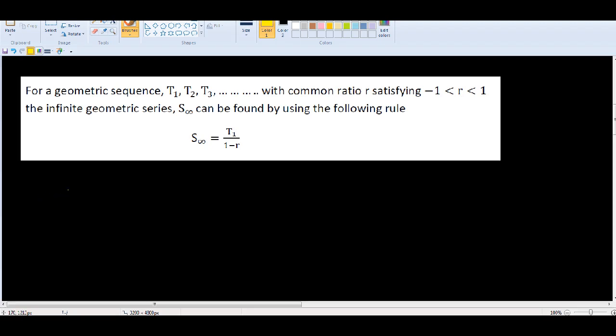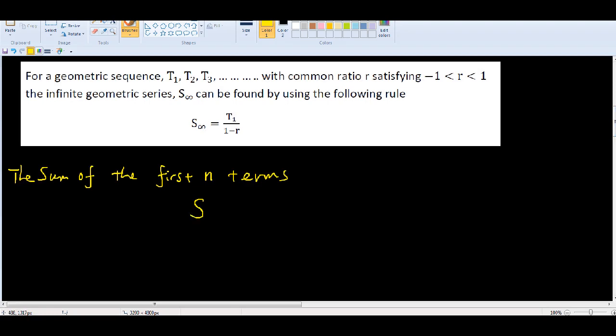For the sum of the first n terms, we've learned that before. We use Sn to denote that.